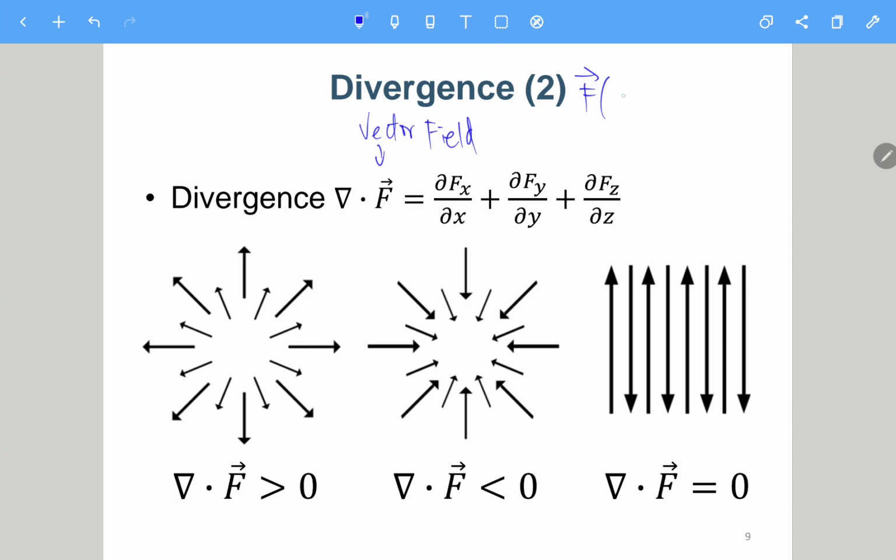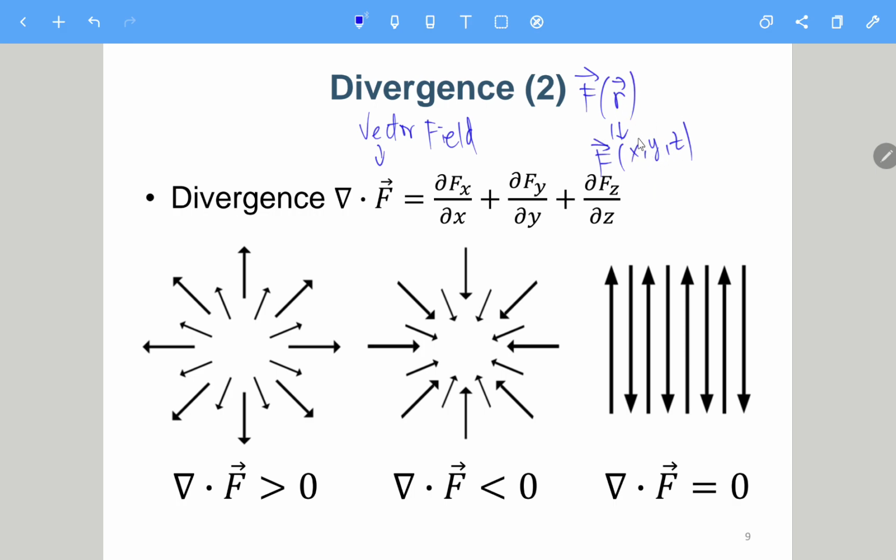And also, let's say this is R, maybe R hat, which is something like x, y, z. So this argument is also a vector.